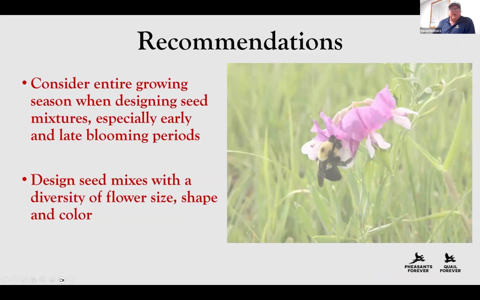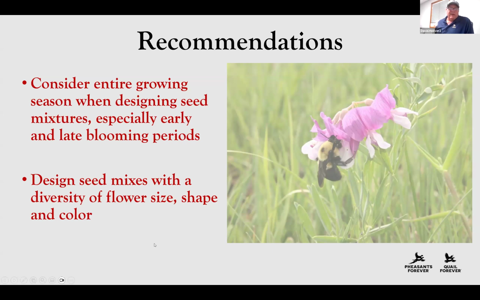Again, with some recommendations, consider that entire growing season if you're designing a seed mix, especially those early and late bloom periods. So April, May, and September and October. April and May is when we're getting the queens and they're coming out. They need an early food source or they'll die. And then any of the migrating species, particularly in the fall, that are using those nectar sources to fuel their migration, or a monarch, for instance.